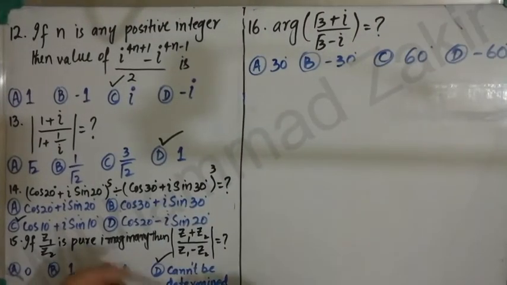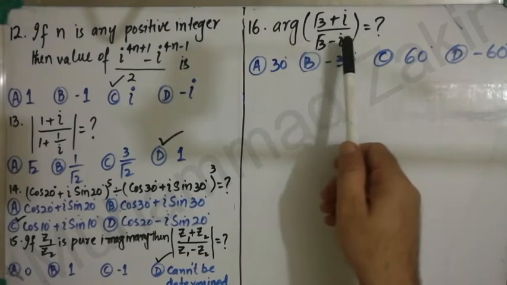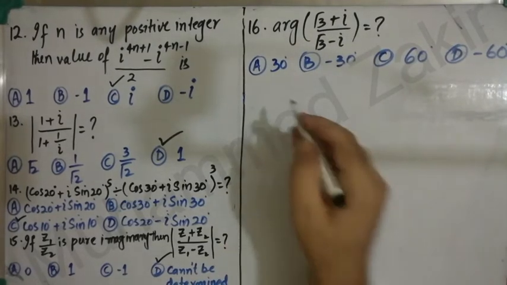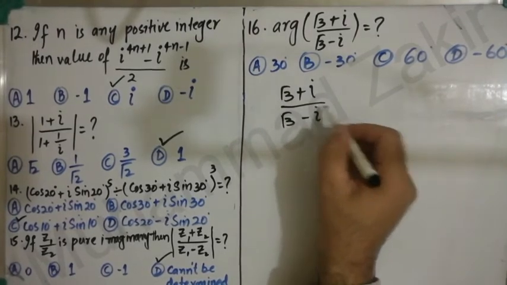Students, this is the next question: the argument of (√3 + i) by (√3 - i).